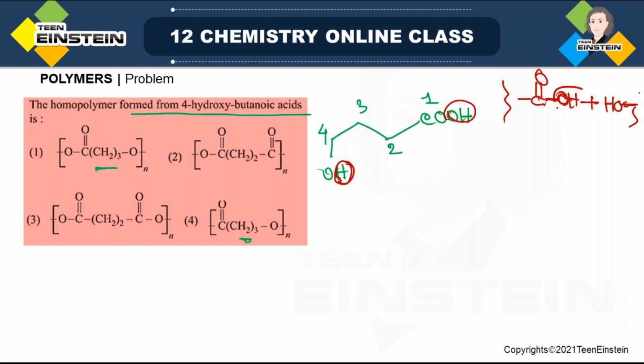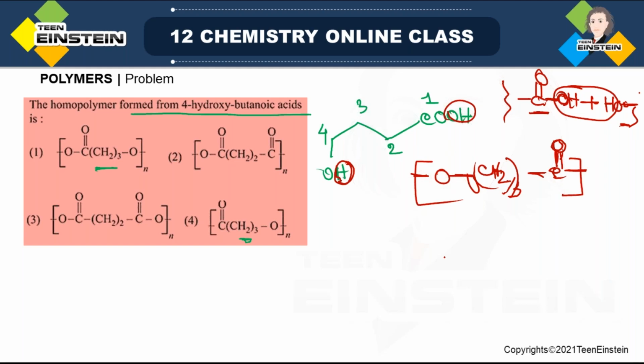So here this OH and H are removed. That means this CO is intact, this oxygen is intact. That means in the repeating unit, 3 carbon must be present. One side there will be CO, then repetition. Another side there will be oxygen, then repetition. It should be like this.